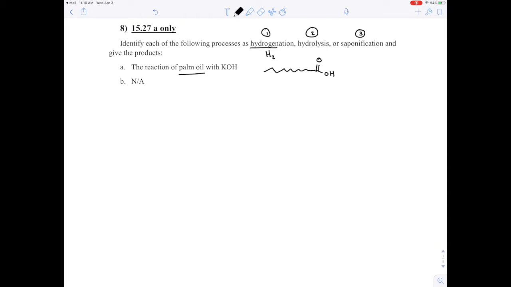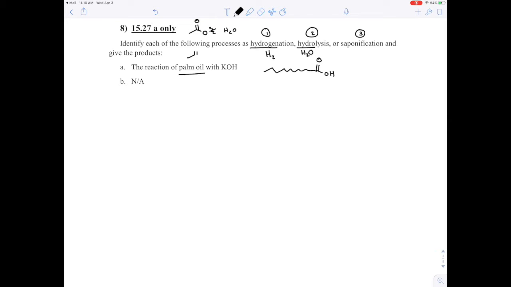Hydrolysis. Hydrolysis is where you add water, hydro, like you keep hydrated, you drink a lot of water, to a molecule, and it would break apart. We saw that in the case of esters. If you have an ester and you add water, it'll break that apart, and you'll get a carboxylic acid and an alcohol.